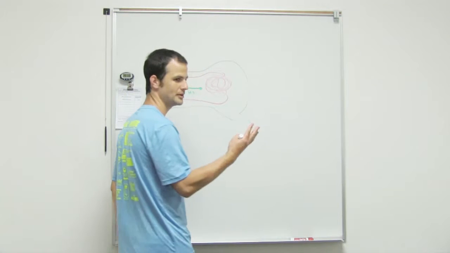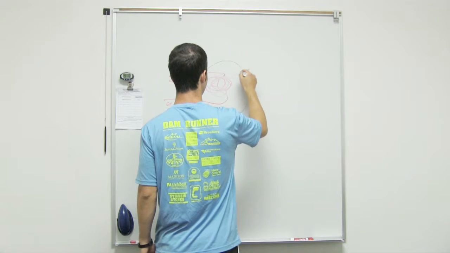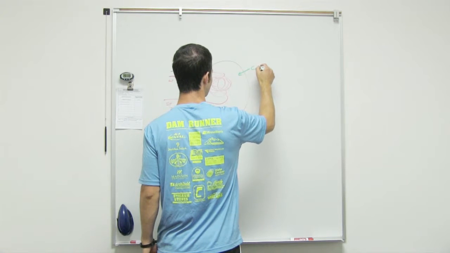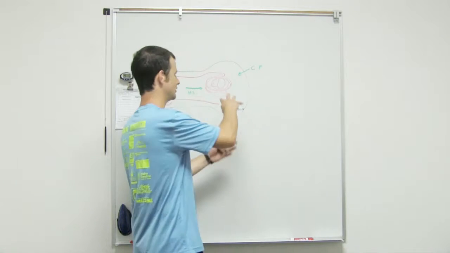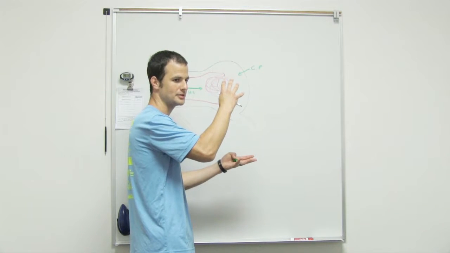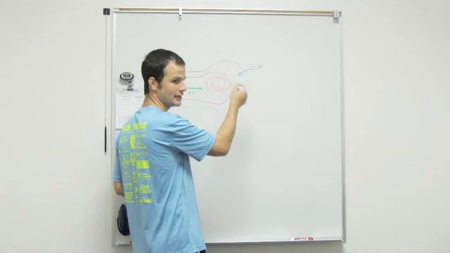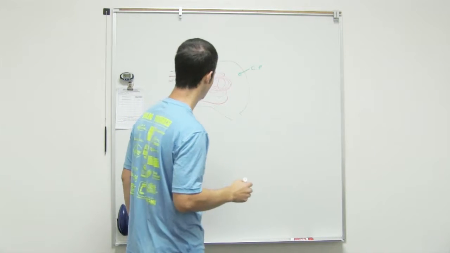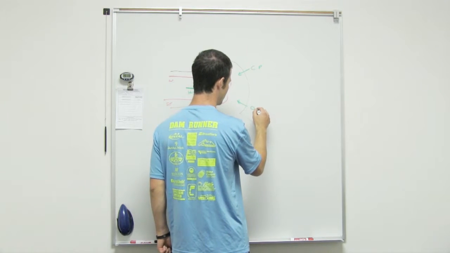But you also have some pressures working against it. First we've got our capsular pressure, which is the fluid filling up in the capsule generating pressure, so that pushes this way against it. And then we also have some osmotic pressure.